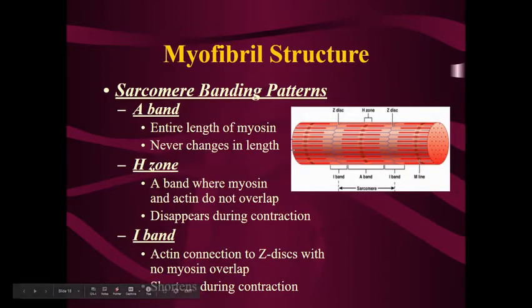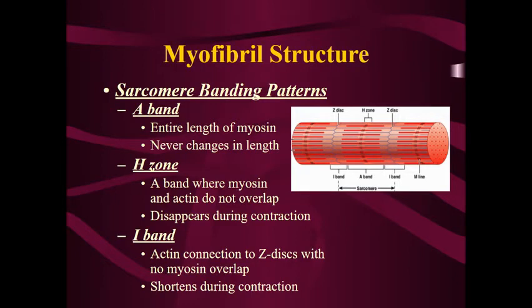A sarcomere also has specific banding patterns, and some of them change depending on whether the muscle is contracted or relaxed. The A band is the entire length of the myosin, so the A band will never change in length because the myosin will always be the same length.